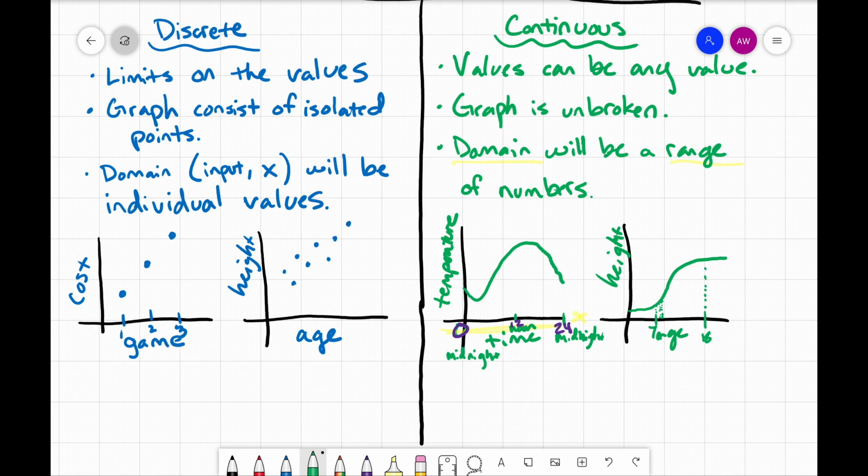And so unlike in the case of buying a game, that has to be 1, 2, 3, and so on. They have to be whole numbers, whereas talking about age, we can have like 7.5 years old, 7 3/4 years old. We can measure more than just whole numbers.